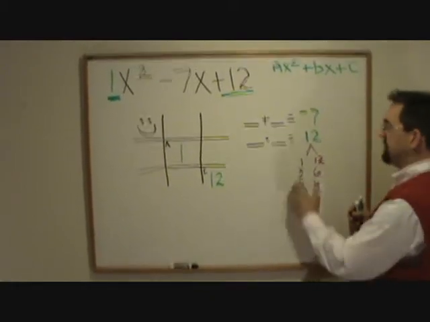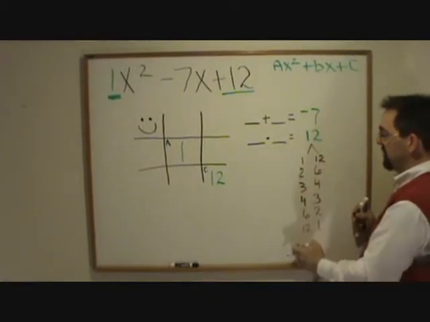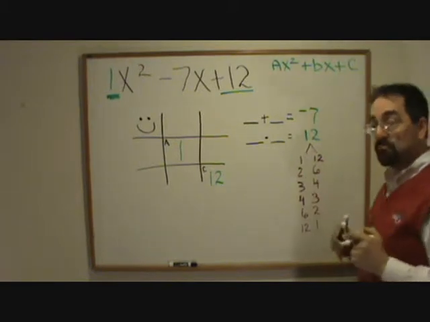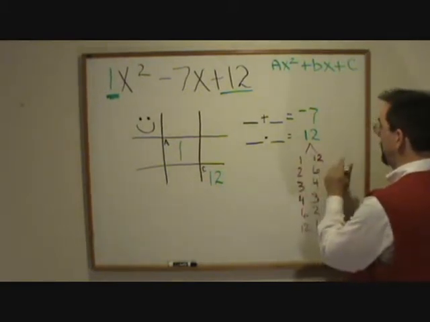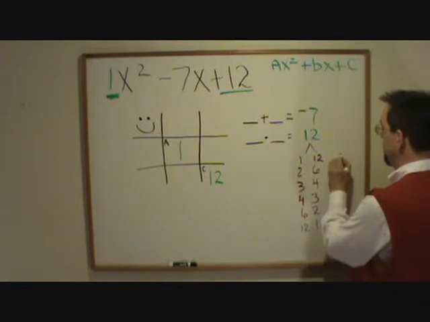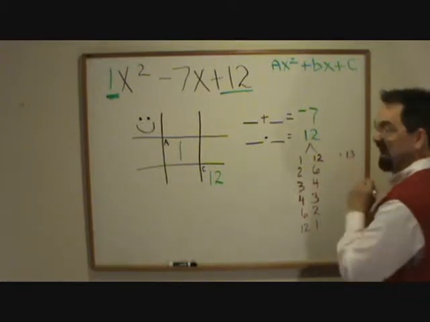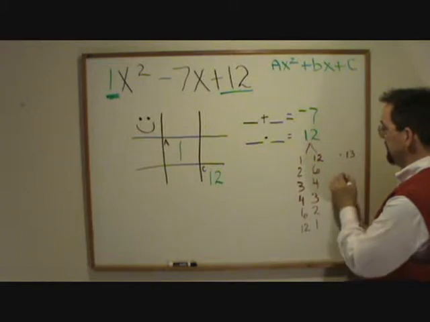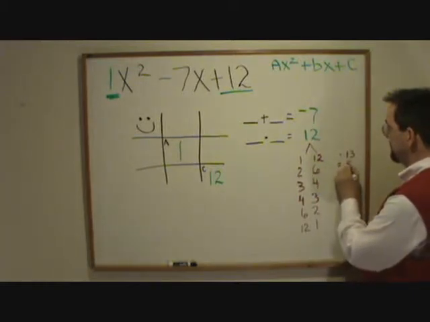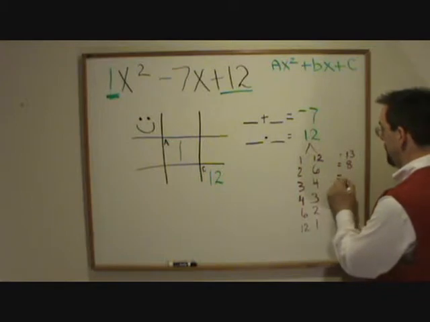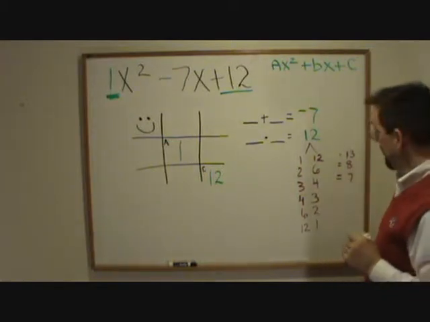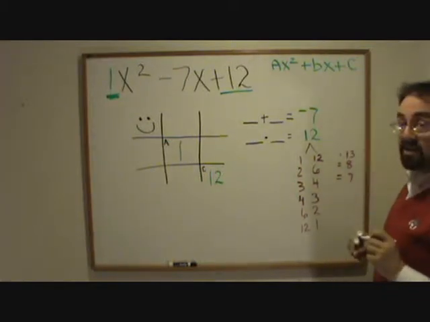Now, here's our factors of 12. We have to find which one of these adds to minus 7. 1 plus 12 gives us 13. That doesn't work. 2 plus 6 gives us 8. That doesn't work. 3 plus 4 gives us 7, but we wanted a minus 7.